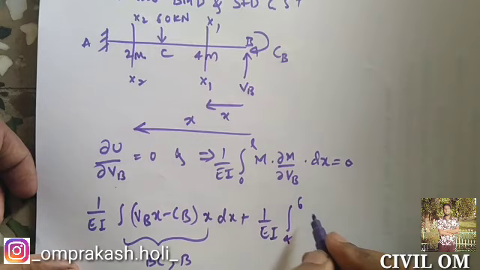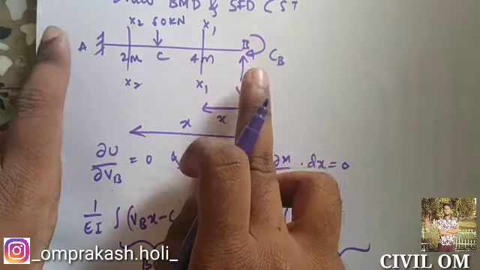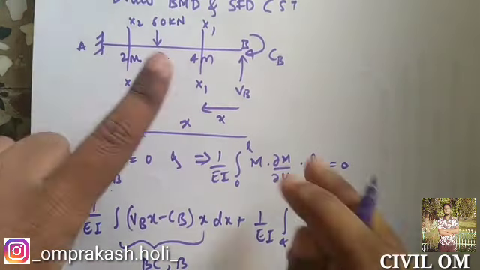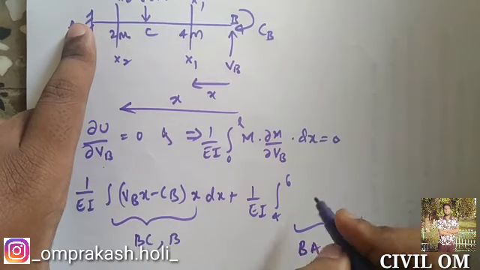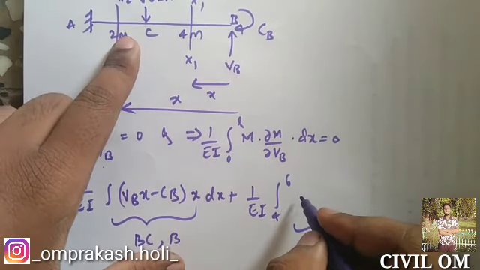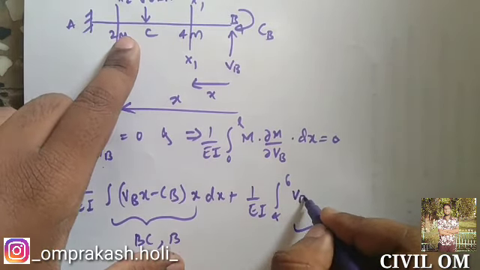Now let us consider the portion BA, considering B as origin. So we'll be getting VB into x minus CB, minus 60 into (x minus 4), and the differentiation is x dx.